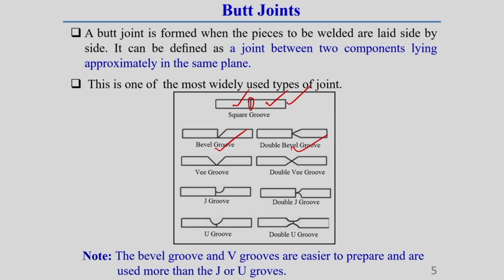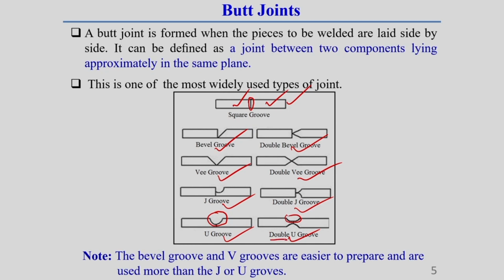I am showing this. This is called V groove butt joint, double V groove butt joint, J groove butt joint, double J groove butt joint, U groove butt joint, double U groove butt joint. Here you see the general shape of this joint is U in nature, that is why it is called U groove. If a U is made on both sides, that is called double U groove butt joint.